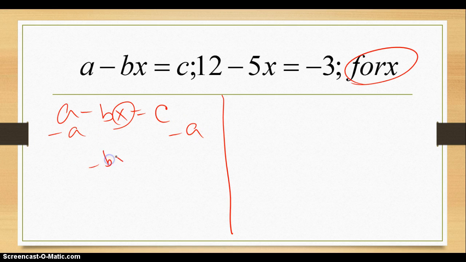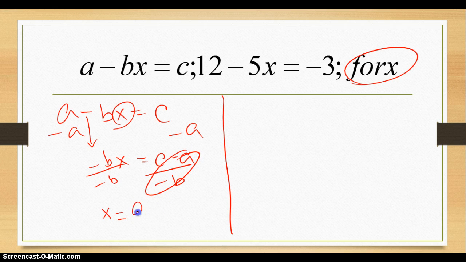Don't forget the negative sign: negative bx equals c minus a. Then we divide by negative b. This flips things around, so x equals a minus c over b.